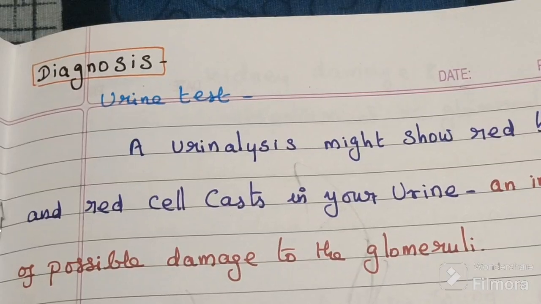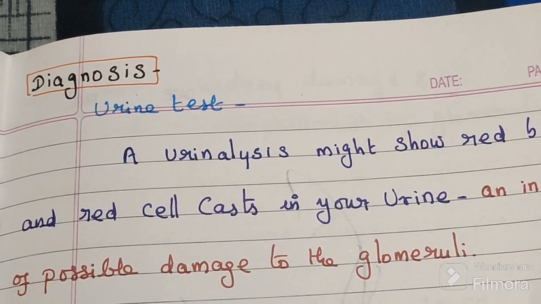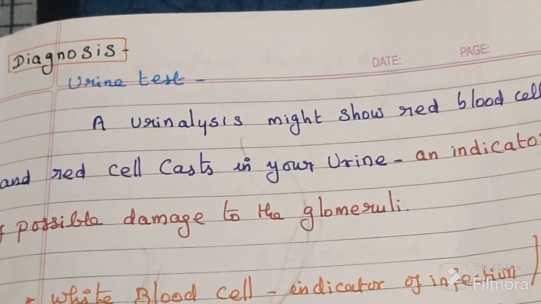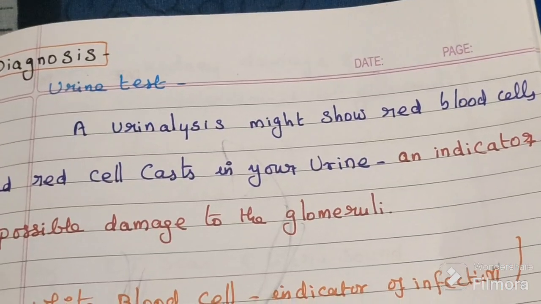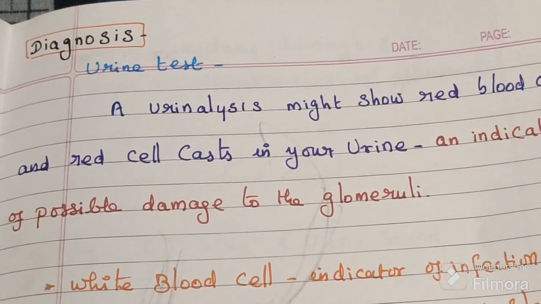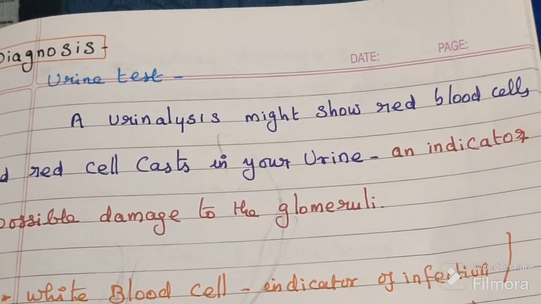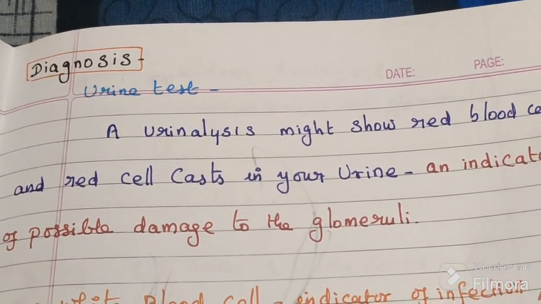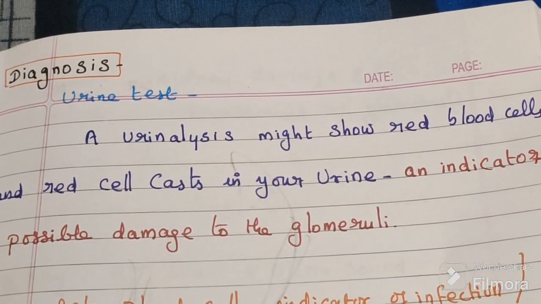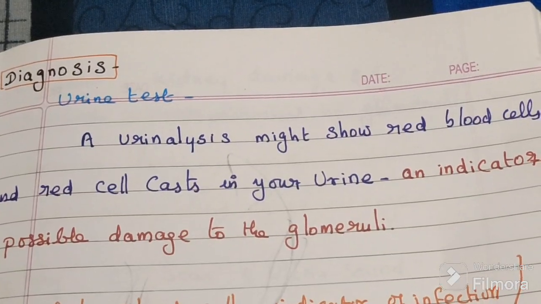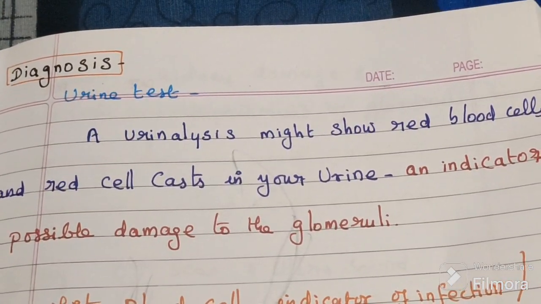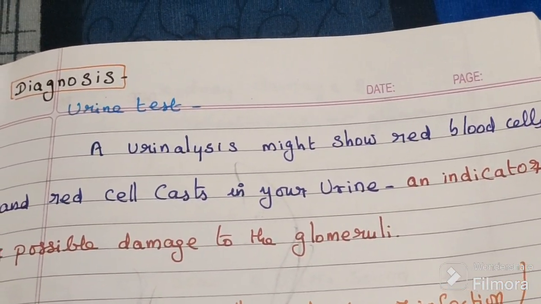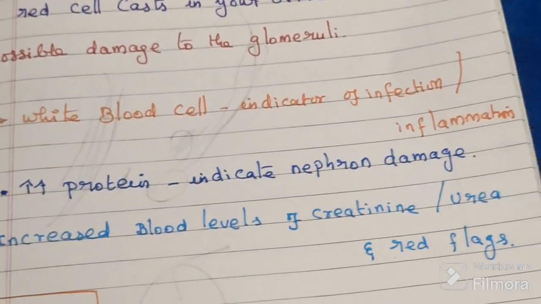Next, diagnosis of glomerulonephritis. First test, urine test. A urine analysis may show red blood cells and red cell casts in our urine, which indicate possible damage to the glomeruli.